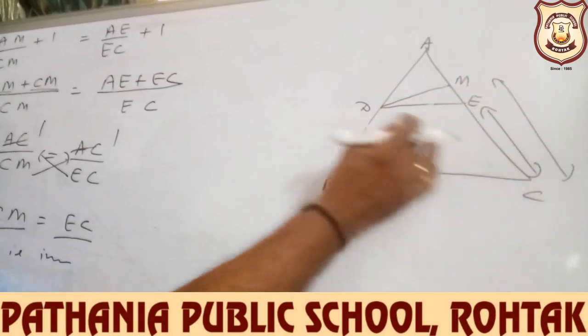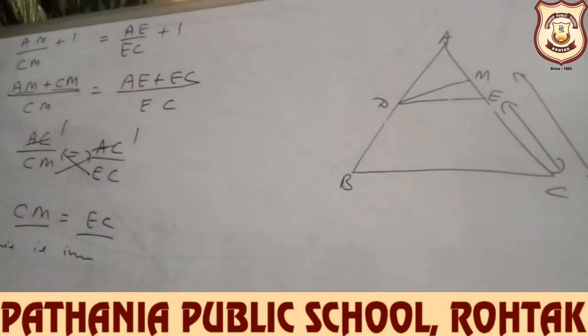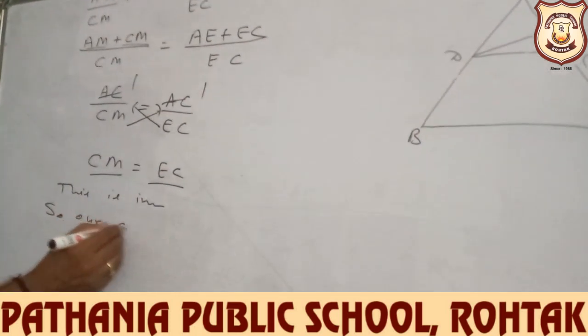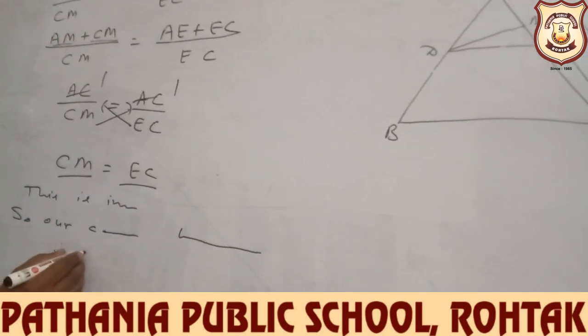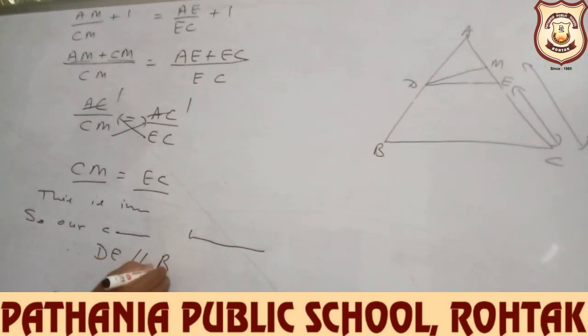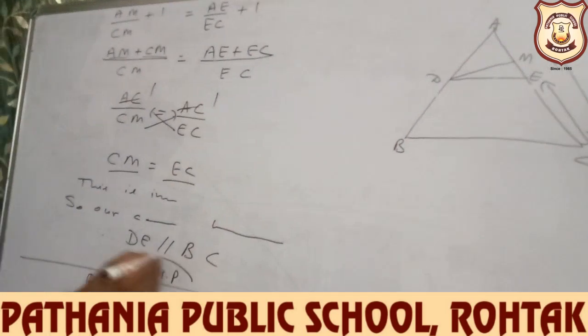This is equal only if DM coincides with DE. So our assumption becomes wrong. Therefore DE is parallel to BC. Hence it is proved.